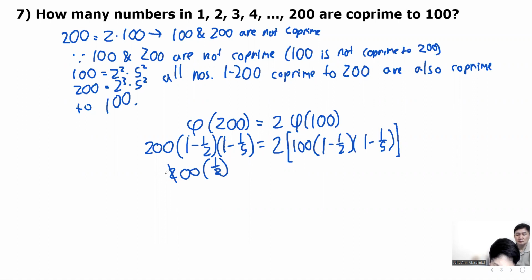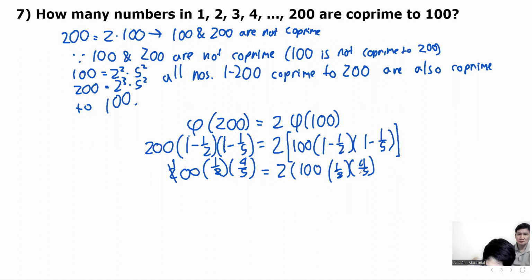So cancel 100. And then times 1 minus 1 fifth, that is 1 minus 1 fifth is 4 fifths. Equals 2 times 100 times 1 half times 4 fifths.